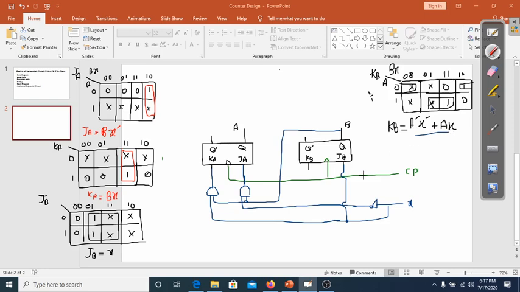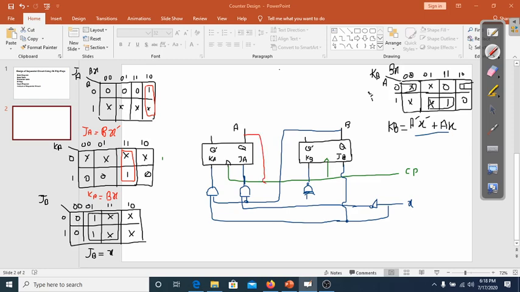Okay, now I will use some... We know that exclusive OR can be described like this. For NOR gate I will use a bubble here. So this is exclusive NOR with A and X. Let me use some different color, let me use red color.